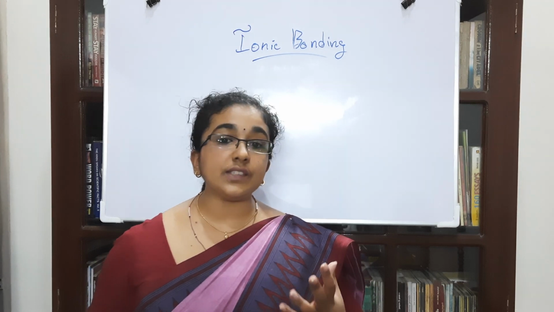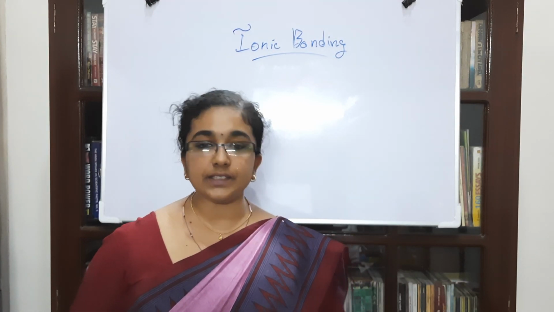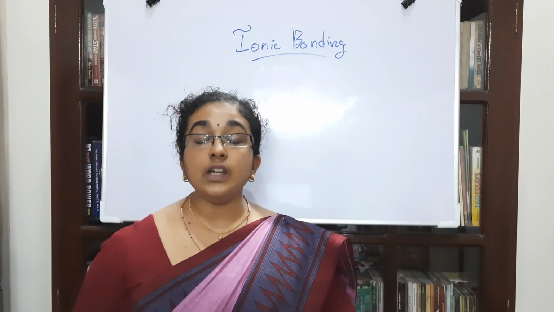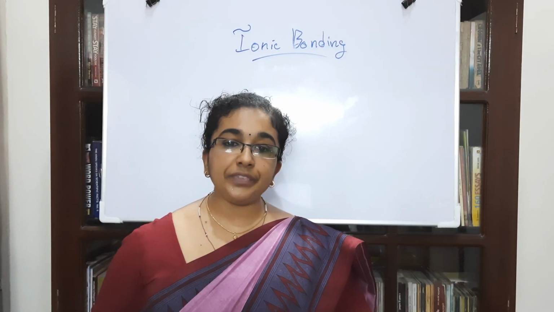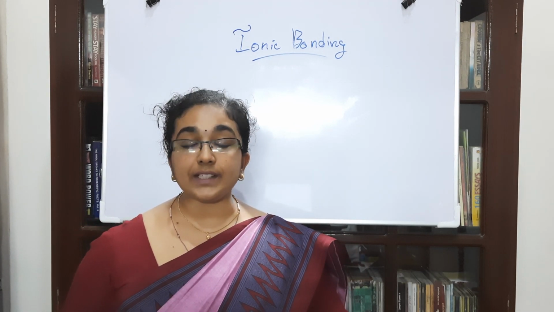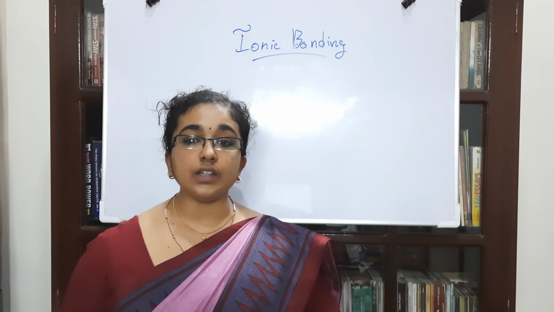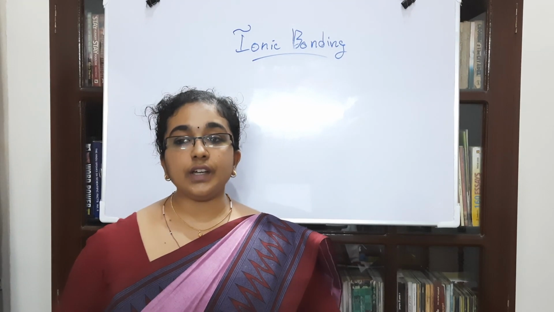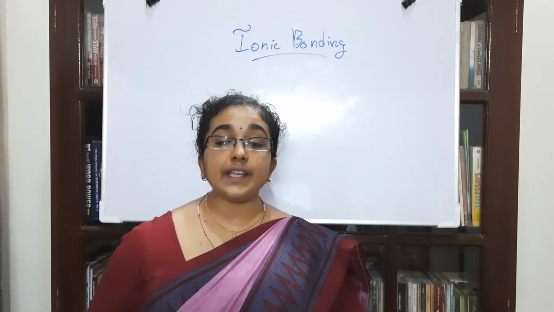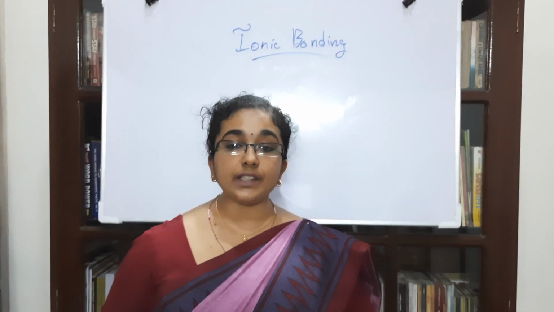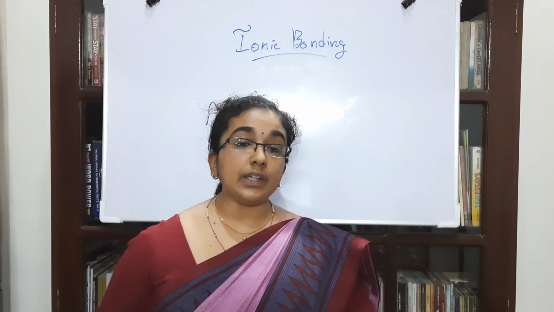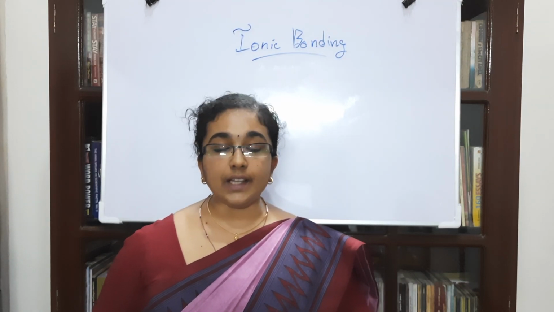Examples we have already discussed are sodium chloride, magnesium oxide, sodium oxide, etc. Ionic compounds are characterized by their solid nature, solubility in water, and high melting and boiling points, and these compounds are very useful in our daily life.